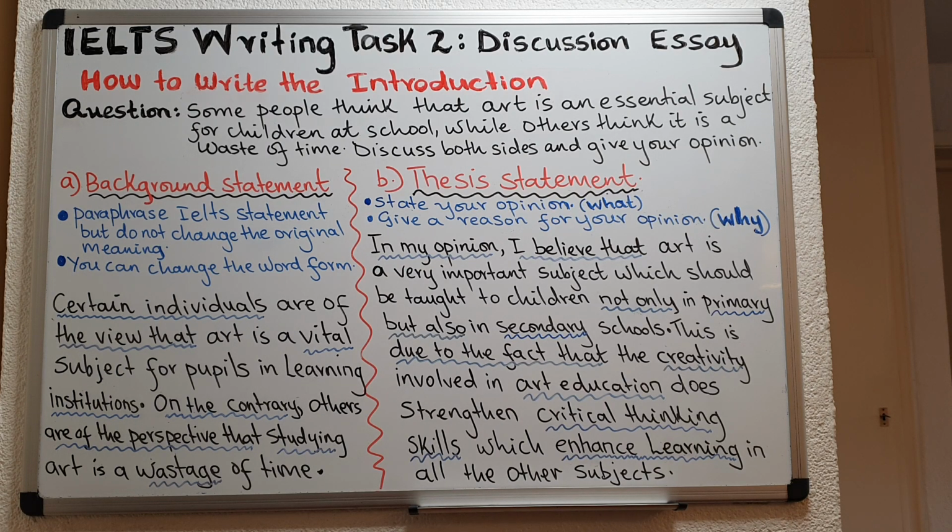And then my thesis statement is also 2 sentences. So I usually recommend to my students, your introduction should only be maximum 4 sentences, not more than that. 3 or 4 sentences, that is enough. You don't have a lot of time. You have 40 minutes, and you still have a writing task to write.